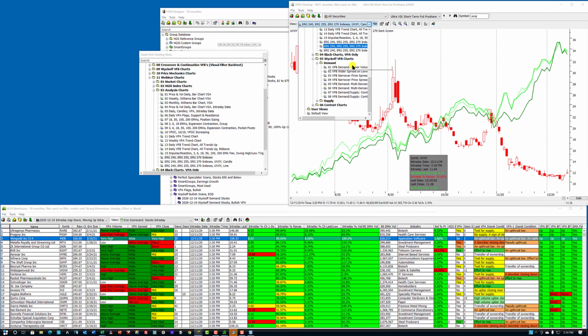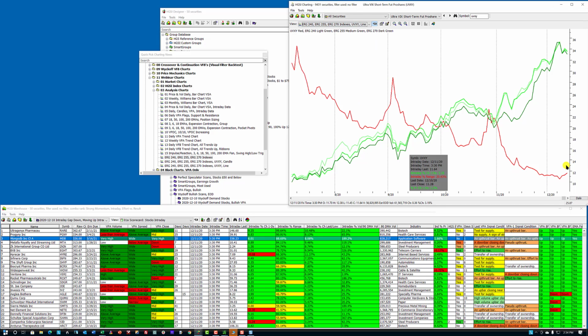Now this one has the candle, the next one has the line, your choice, same thing. This is yesterday's information, this is the current information here, but just remember, if you're looking at this, make sure that you type in UVXY to get the correct information in here. This is going to represent whatever symbol is typed in up here at the top.